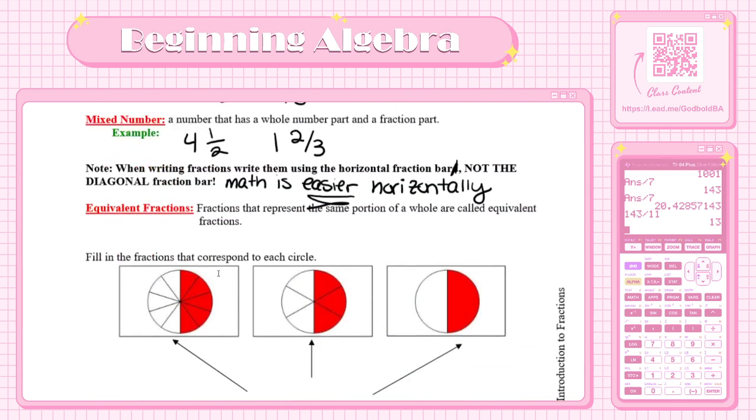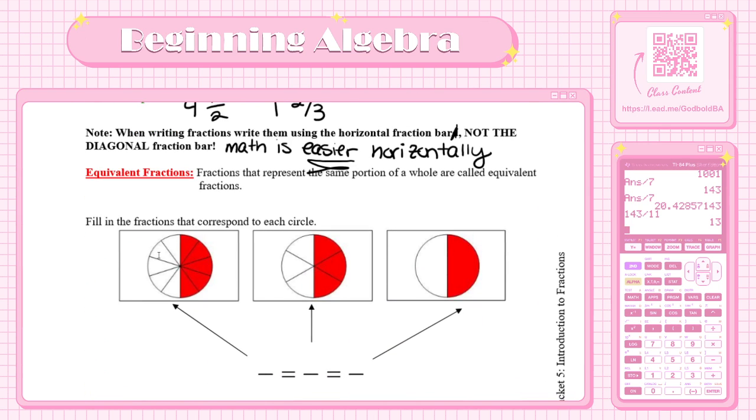When it comes to a whole thing, like this whole circle, I can cut it into as many pieces as I want, and each one of these pieces needs to be of equal size. So this one, there's 1, 2, 3, 4, 5, so there's 10 of these. Each one is called a tenth. So the denominator in this example would be 10.